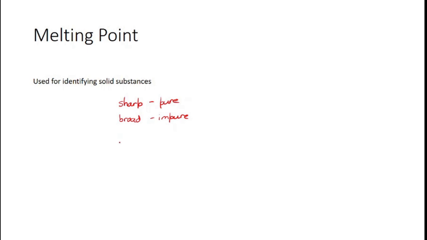If the melting point is low, that also indicates impurity. The more impurities you have, the greater that melting point is going to be depressed. And so low melting points and broad melting points indicate you have an impure sample.